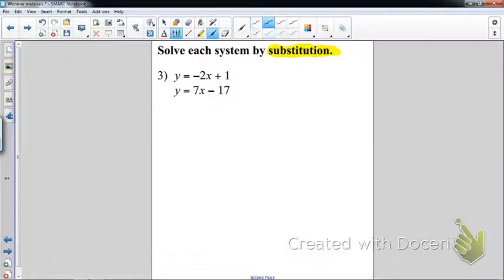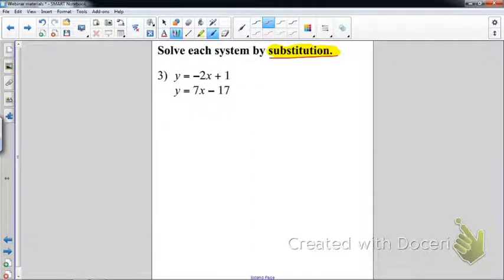You don't have to graph them. You can use this method called the substitution method, and it simply states that if you know exactly what one of the variables is, you can substitute it into the second equation and then solve for one of the variables, and then go back and substitute it into the same equation to figure out the second variable.